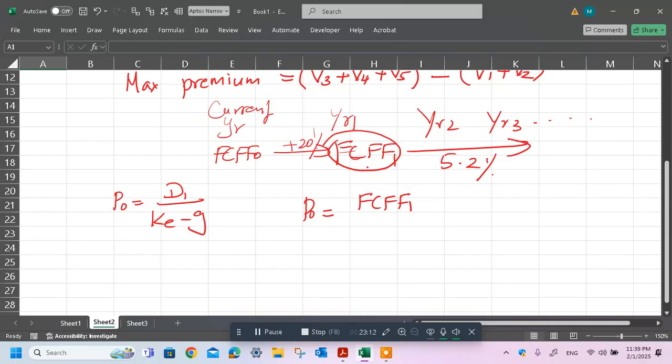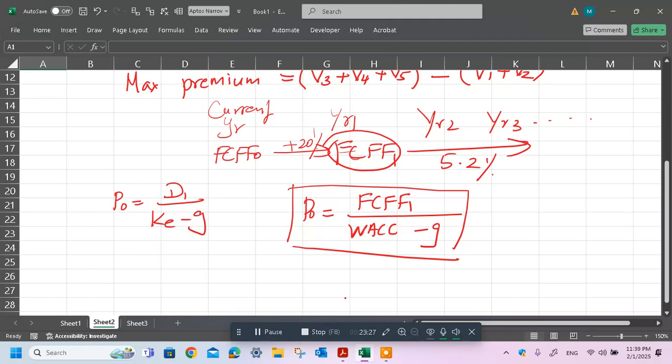So take FCFF1, free cash flow to firm 1, divided by, instead of KE, you use WACC, because this is free cash flow to firm, minus cash flow growth. This is the plan. I need to find the first year free cash flow. How am I going to find it? I will find current free cash flow, increase that by 20%, first year free cash flow is ready. Then you apply this formula, you will get the current value.